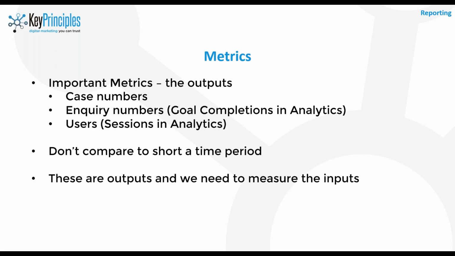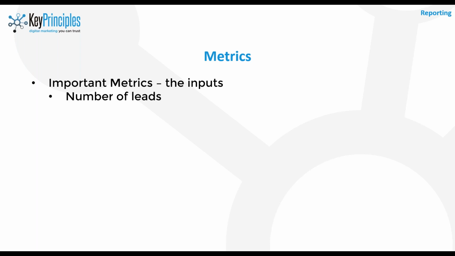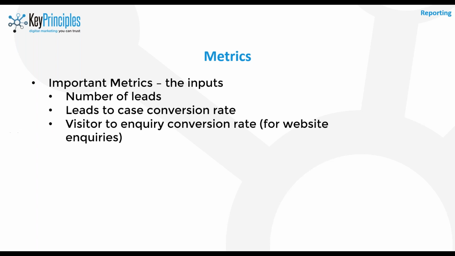So these are the outputs, and we need to measure the inputs, which is what I actually consider to be the most important. So the inputs are the number of leads, so the number of goal completions in Google Analytics, for example, the lead to case conversion rates, or in most people's cases, revenue or conversion rates, the visitor to inquiry conversion rate.